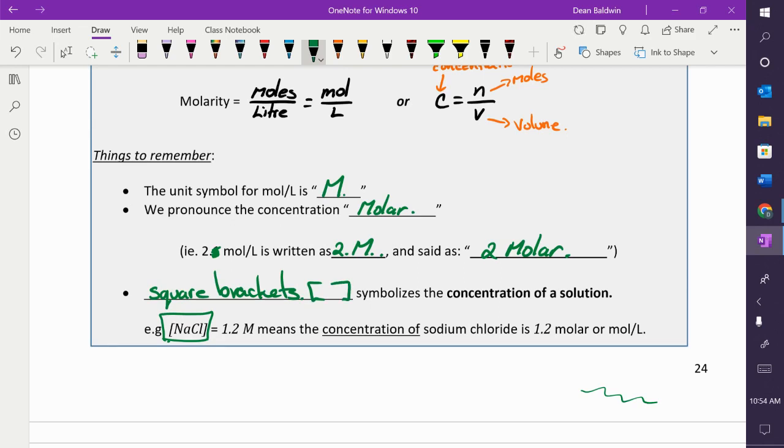Not round brackets, they have to be square brackets. Okay? So this here means the concentration of sodium chloride is 1.2 molar. All right, are we okay? That's sort of the background theory. Now there's a bunch of calculations. You got to know how to do it. Okay?